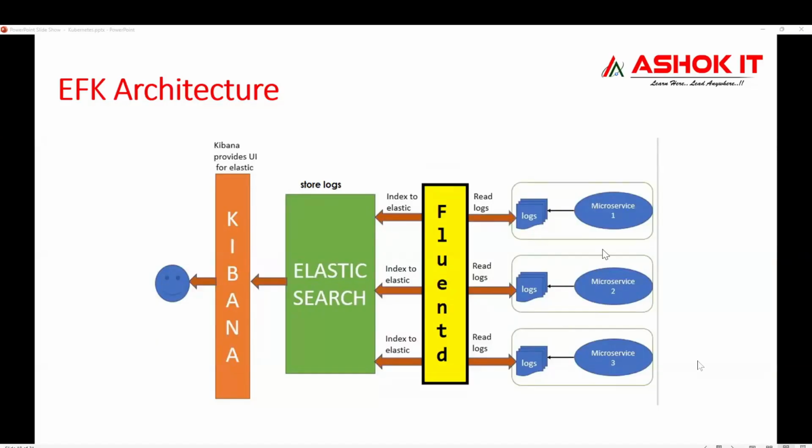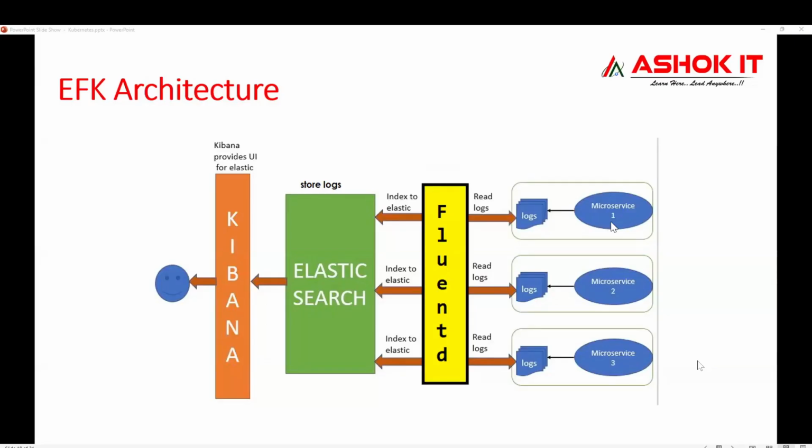In the Kubernetes cluster, multiple applications will be available, right? So multiple pods will be available. Checking the logs of all the pods is very difficult. That's why we need to centralize all the pod logs.